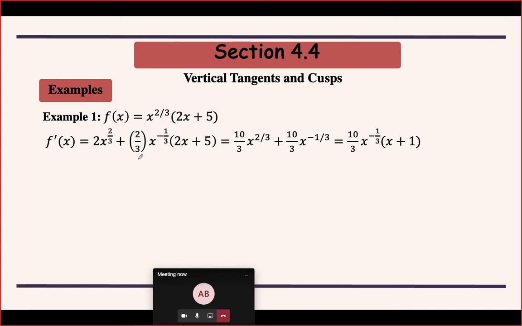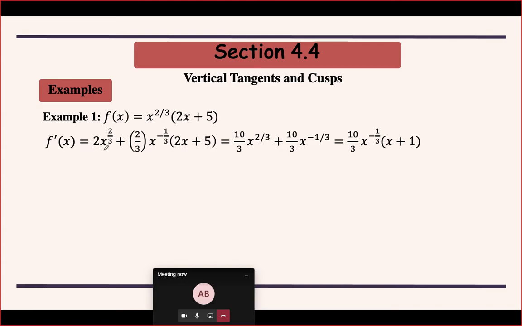Okay, so this is the function f(x) which we have with us, x to the power 2/3 times (2x + 5). This is the solved example from your book which I have taken, and the next step is to find the derivative of this function. You can apply the product rule, or you can just multiply the terms and then differentiate it. It's the same thing.